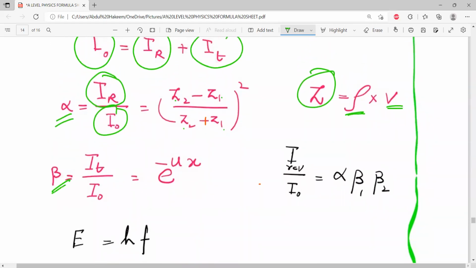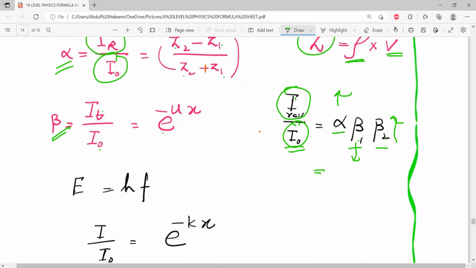So the transmission coefficient, I T over I naught, is e to the minus mu x. And the received intensity divided by the original, meaning what is received back from the reflection, is alpha, beta 1, beta 2: alpha for the first reflection, beta 1 for the down transmission, and beta 2 for the up transmission. If it is the same medium, up and down, then beta 1 and beta 2 are both equal. So we will write alpha beta square.